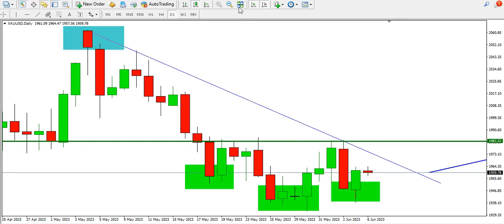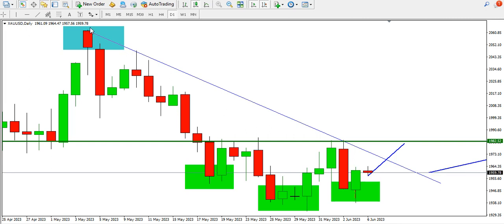So if we continue to see a push up by the buyers, the bulls, up to this point, we might have price getting to the neckline of an inverted head and shoulder on the daily time frame.